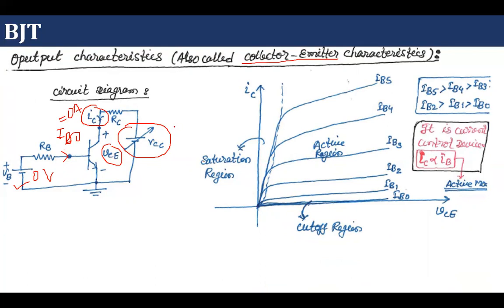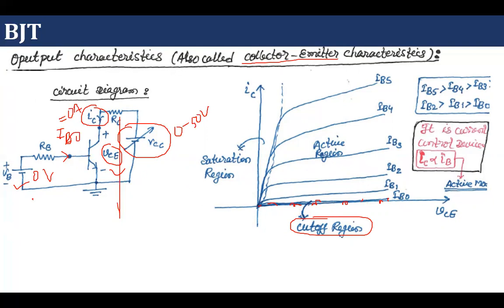Although we are changing this voltage from 0 to some voltage, 50 volt, we are going to get nearly zero current passing from collector to emitter, and this region is known as the cutoff region. It is very clear that if I want to take this device into the cutoff region, I simply give zero base current to it.